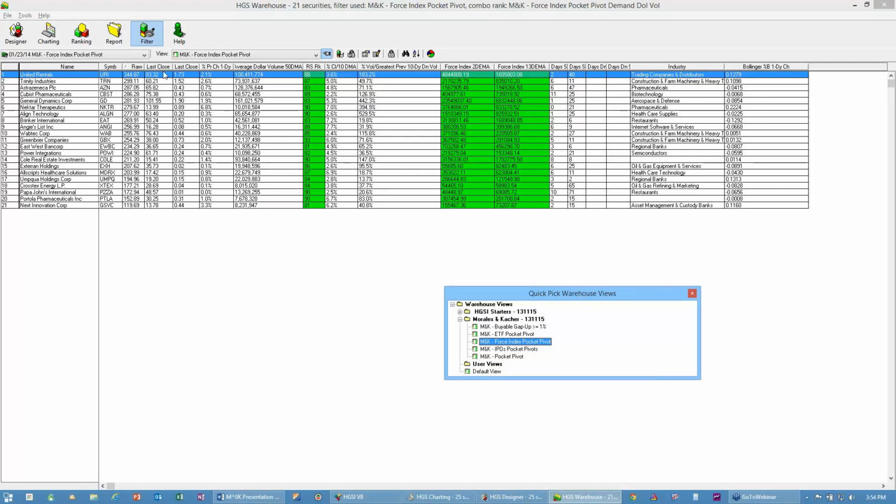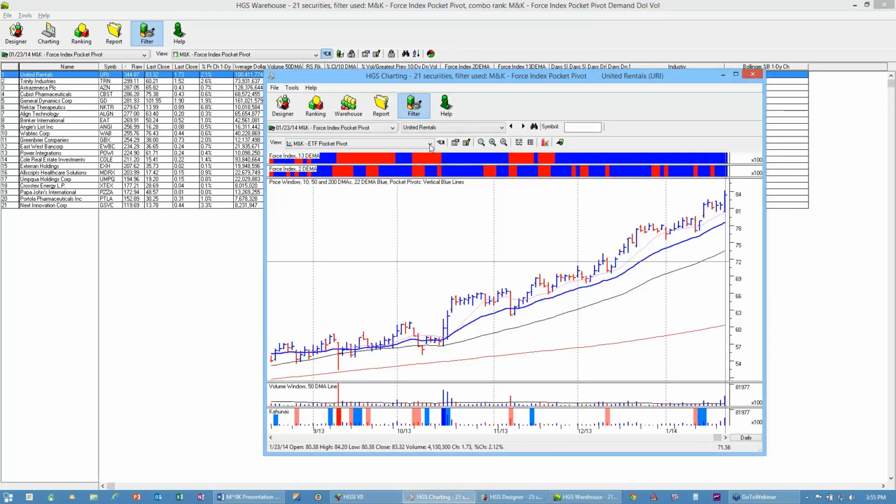Let's just take a look here. I'm sorted on raw combo. This is the same demand combo. United Rentals comes to the top, and what this is doing, I have to go to the correct corresponding chart.